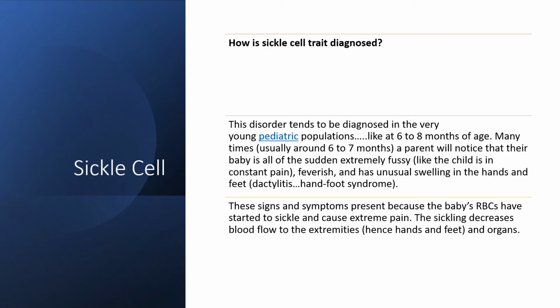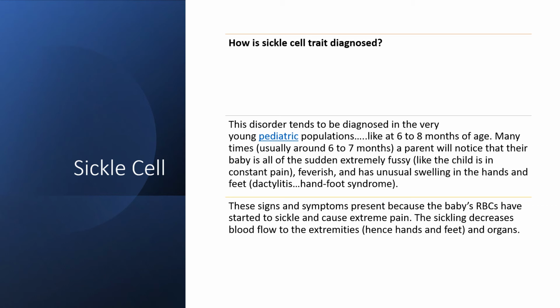How is sickle cell trait diagnosed? This disorder tends to be diagnosed in the very young population. So we begin to see it early in life, around 6 to 8 months of age. Many times a parent will notice their baby is all of a sudden extremely fussy, like the child is in constant pain.